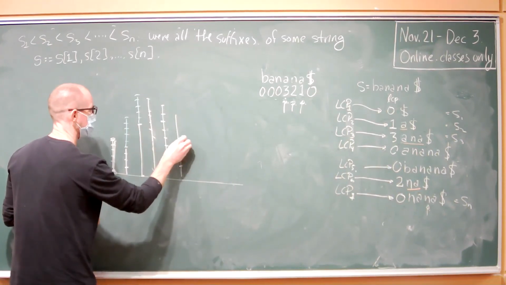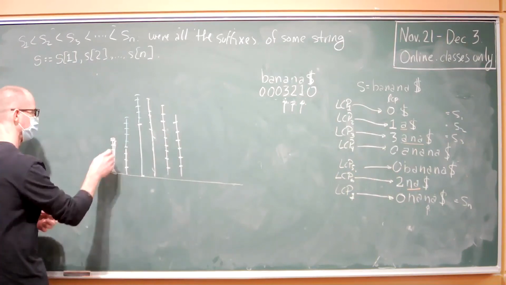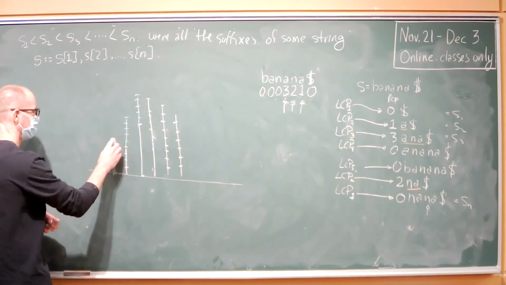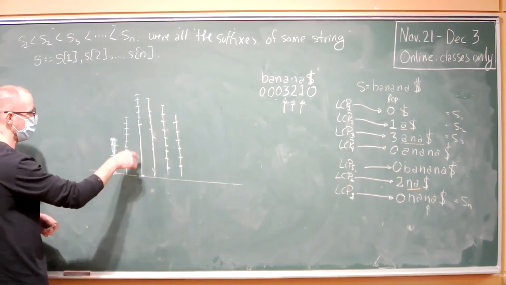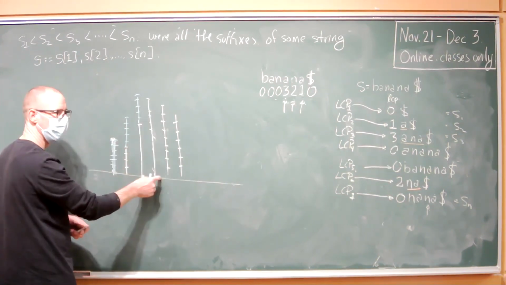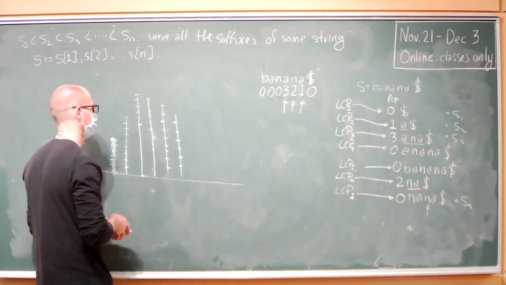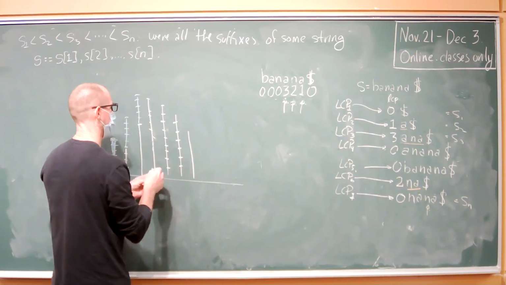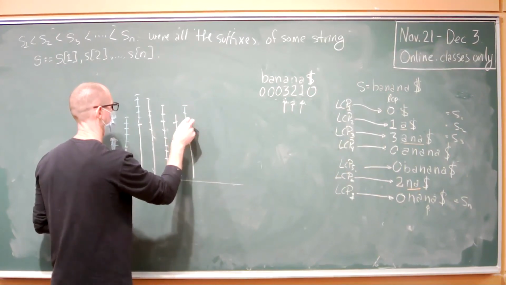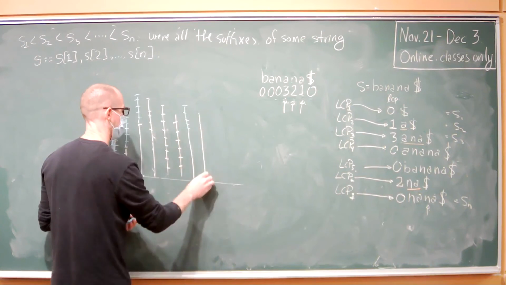But this is not work that we have to do. So if I want to do this picture right, the blue stuff is work that we have to do. The white stuff is just stuff that we get for free from the previous value. Maybe it goes back up and then starts to come down again.